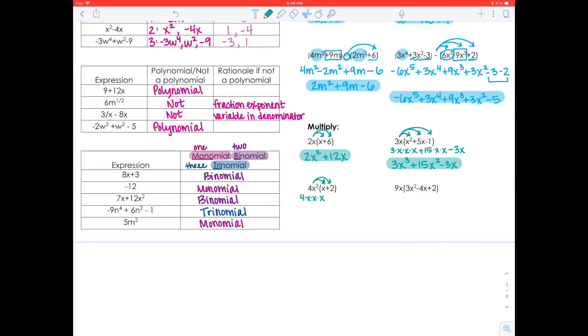Then 4x squared plus 2. 4 times 2 is 8, and then keep that x squared. Or, sorry, that means x times x. So then our final answer will be 4x cubed, because x is being multiplied 3 times, plus 8x squared, since x is multiplied twice.